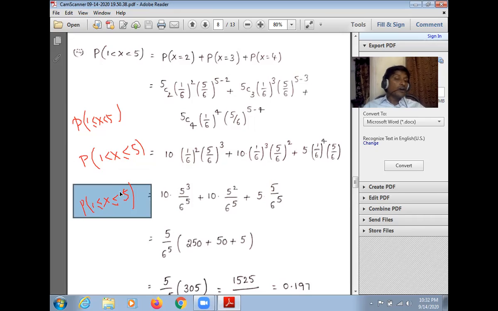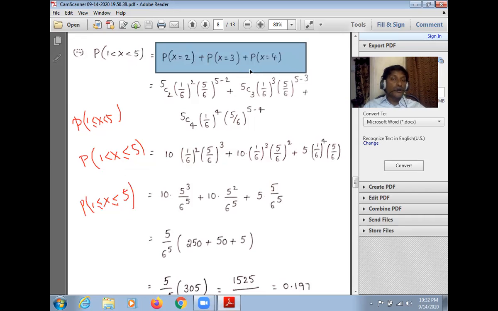Here, between 1 and 5, 1 not included and 5 not included, it means simply P of x equal to 2 plus P of x equal to 3 plus P of x equal to 4. Only 2, 3, 4. I hope everyone knows the numbers. So between 1 and 5 we have 2, 3, 4. That's why we wrote 2, 3, 4.